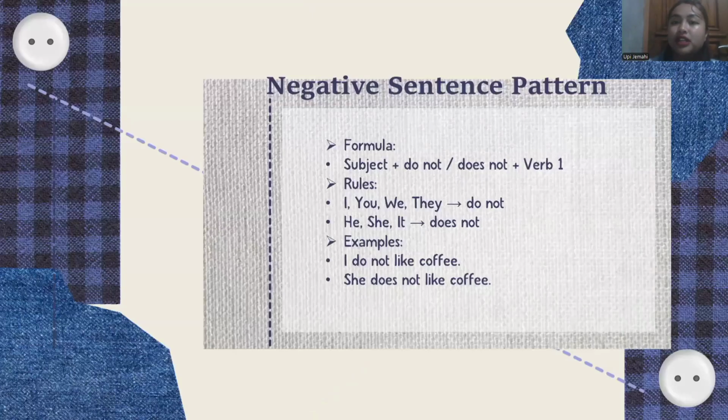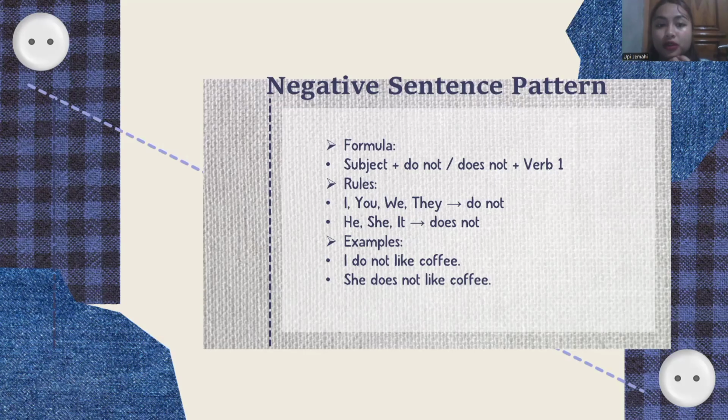And let's move to the negative sentence pattern. Negative sentences are used when we want to say no or express dislike. The pattern of a negative sentence is subject plus do not or does not plus verb one.